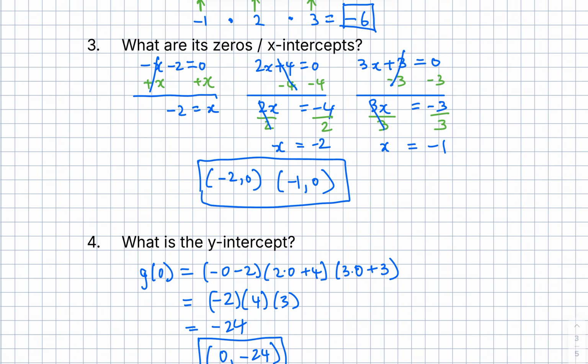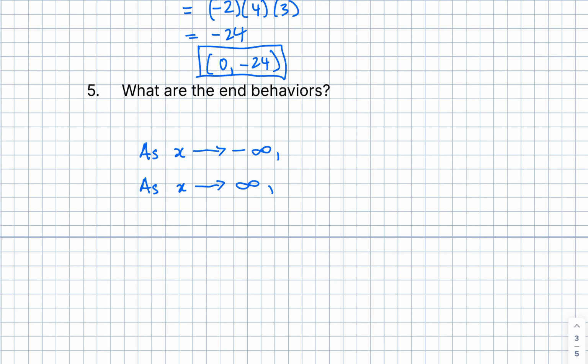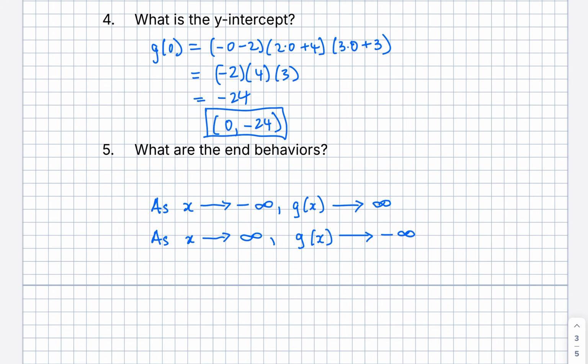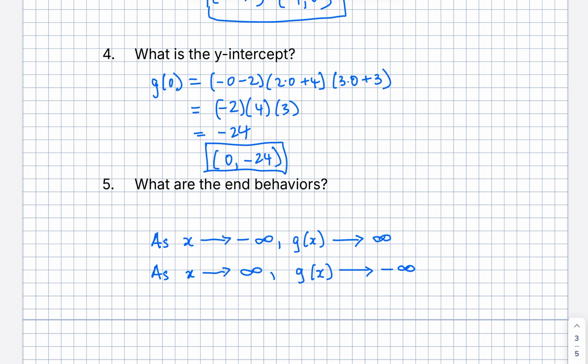And so we would say that as x moves to -infinity, the function g of x goes to +infinity. And then as x moves to +infinity, my function g of x moves to -infinity.